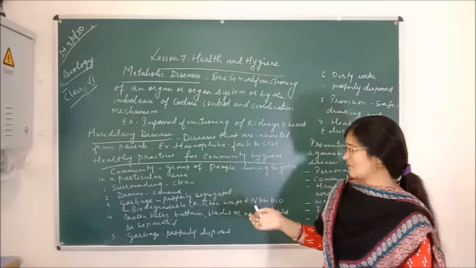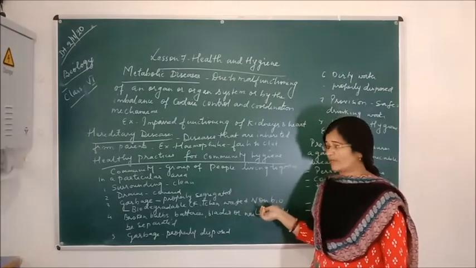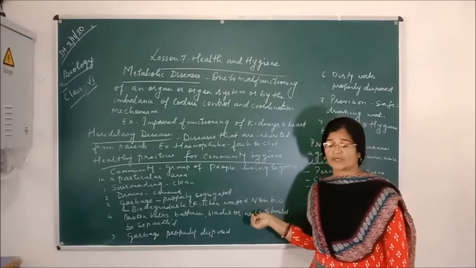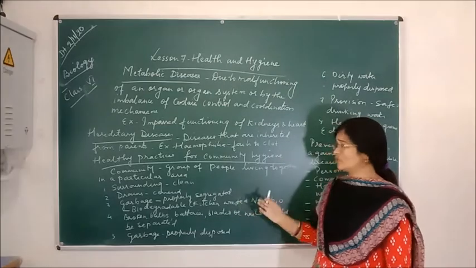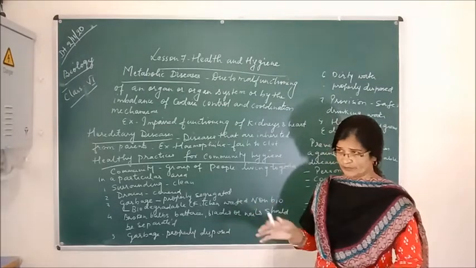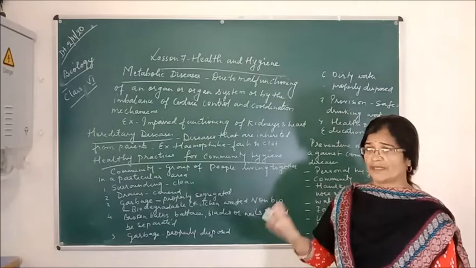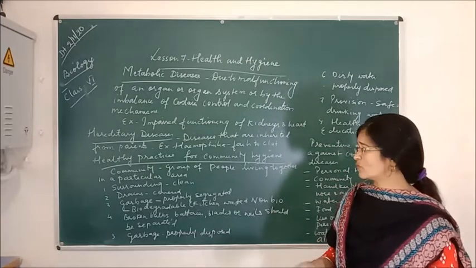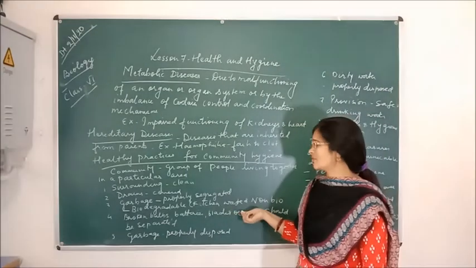Whatever waste comes from the kitchen is biodegradable waste, and non-biodegradable waste is like plastics, polythene and others which cannot be decomposed. Both wastes should be separated and kept in different dustbins so that they can be disposed of properly according to the type of garbage, biodegradable or non-biodegradable.